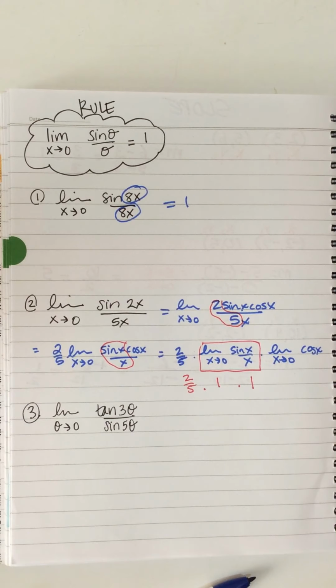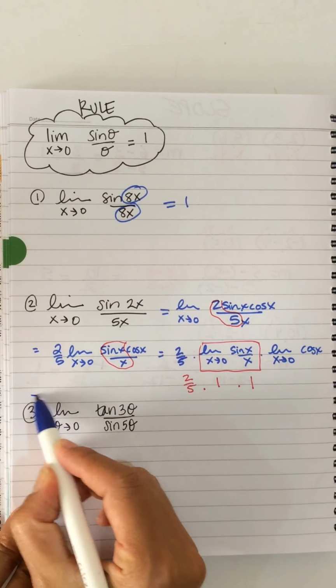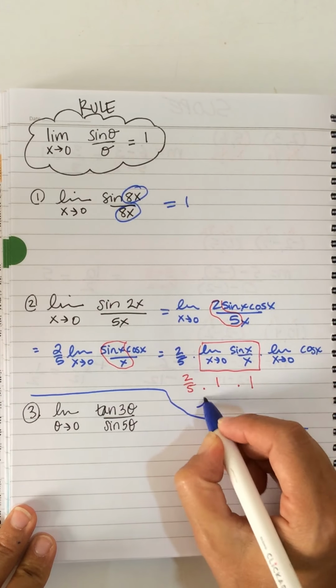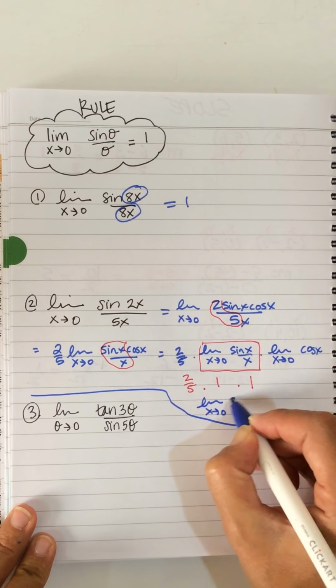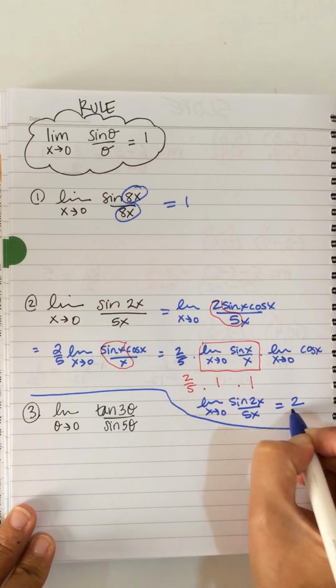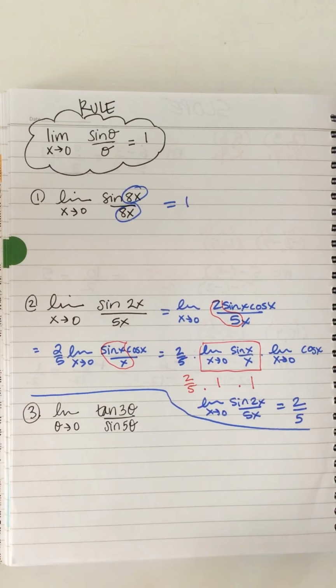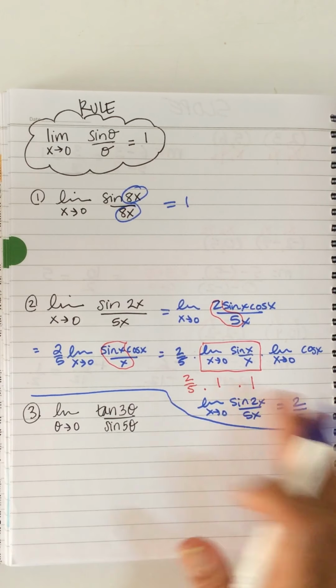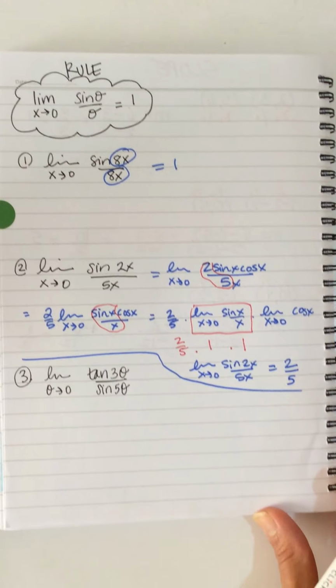So my answer, which I'm just going to do like this so I have some space, is that the limit as x approaches 0 of sine 2x over 5x equals 2/5. It's a lot of work to just pull those numbers out, but that happened to work out that way. If this value was not 1, it would have been a different number. So don't always assume you can just take the numbers out.